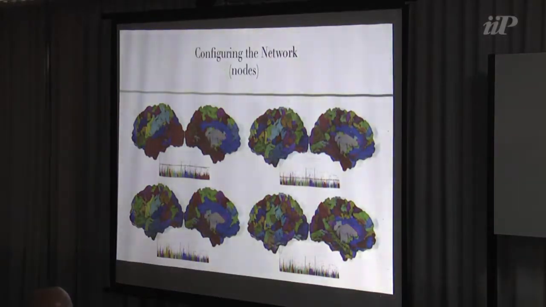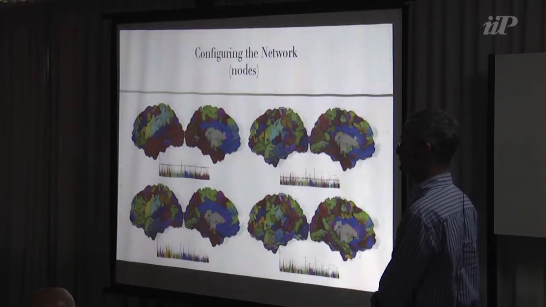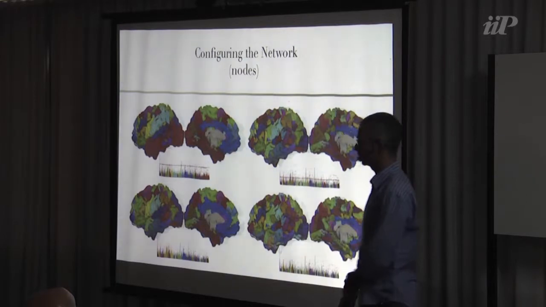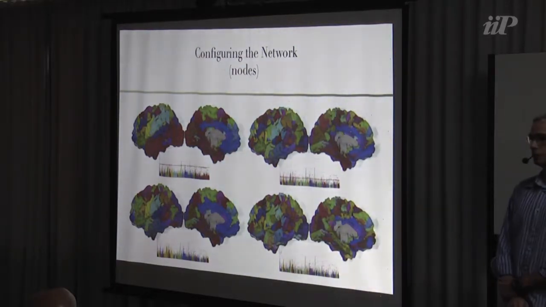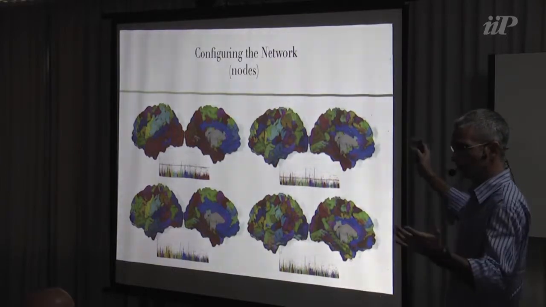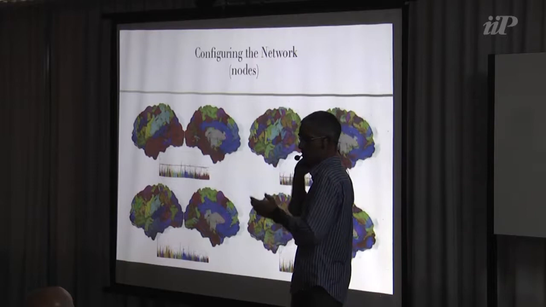One thing that a lot of people are doing is the following. I will segment my brain into 106 structures, like this. It's segmented based on atlases, anatomical atlases or functional atlases. You choose.